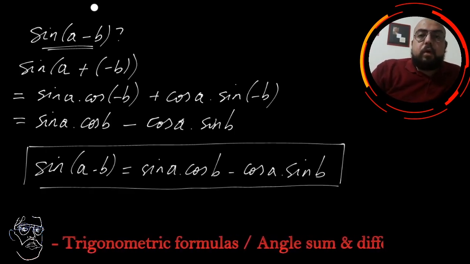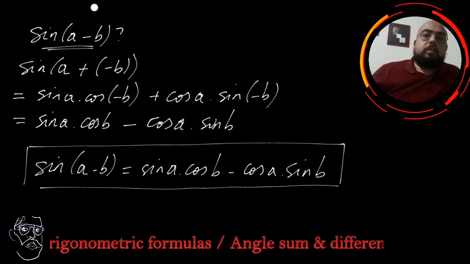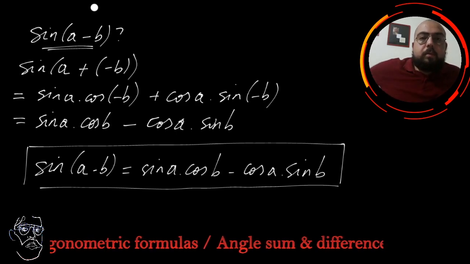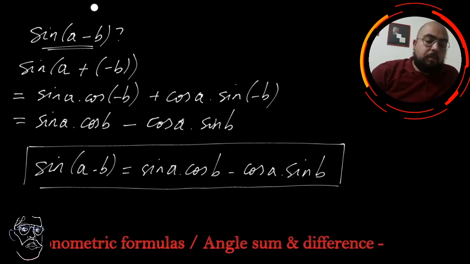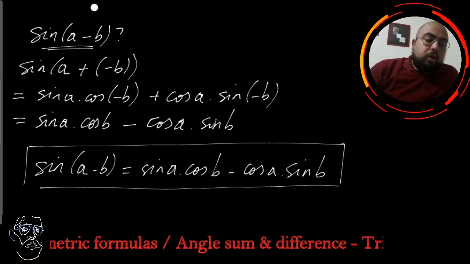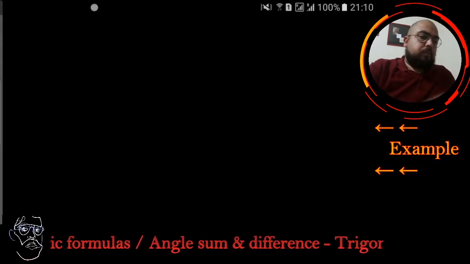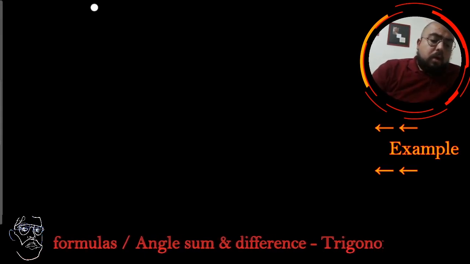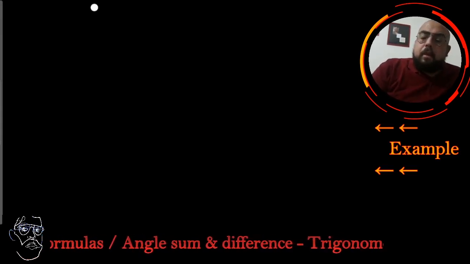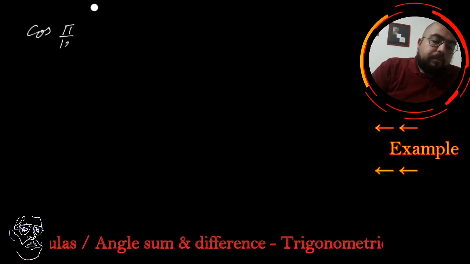This was the final formula with cosine a plus b, cosine a minus b, sine a plus b, sine a minus b. Now let's take some examples in which case we're going to use these formulas. So let's say we have to find cosine of pi over 12.